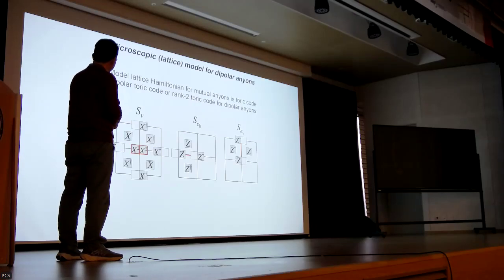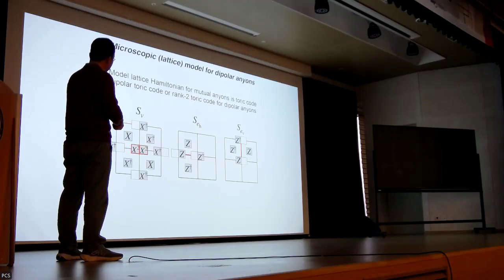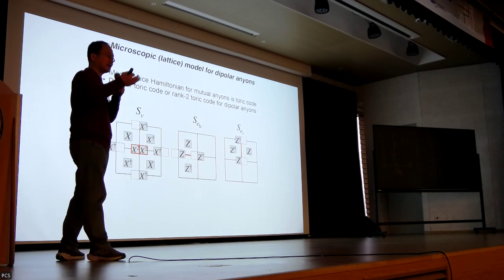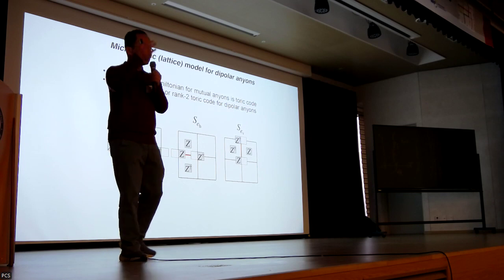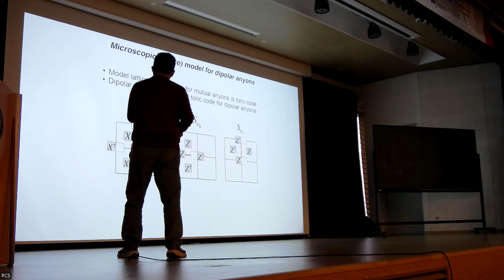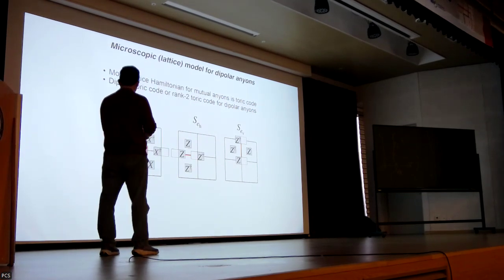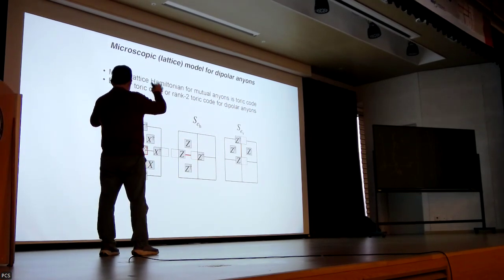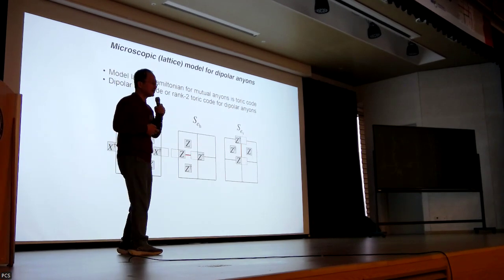And they're very complicated beasts. Well, anyway, these Z stabilizers are direct descendants of the Z stabilizers in the ordinary toric code. The unusual thing is this X stabilizer, which consists of many, many terms.